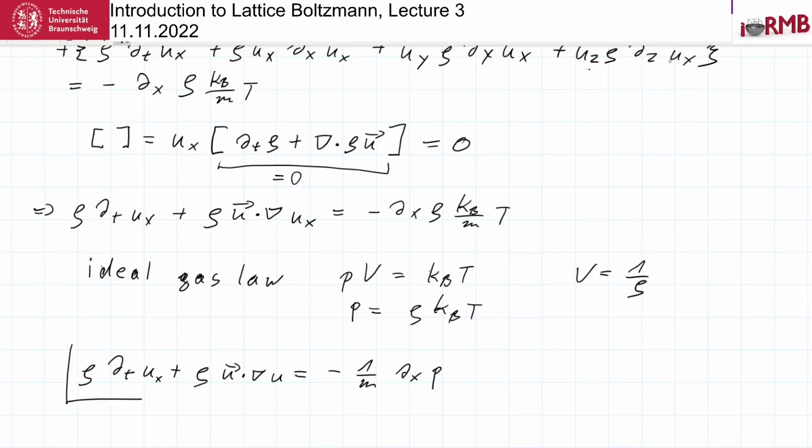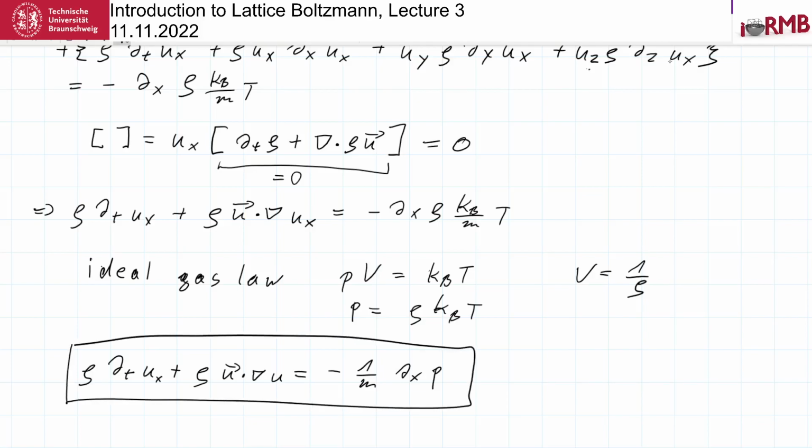And this can, of course, also be done the same way for uy and uz, and then it is called the Euler equation. So this Euler equation drops out of the Boltzmann equation under the assumption that tau is equal to 0.